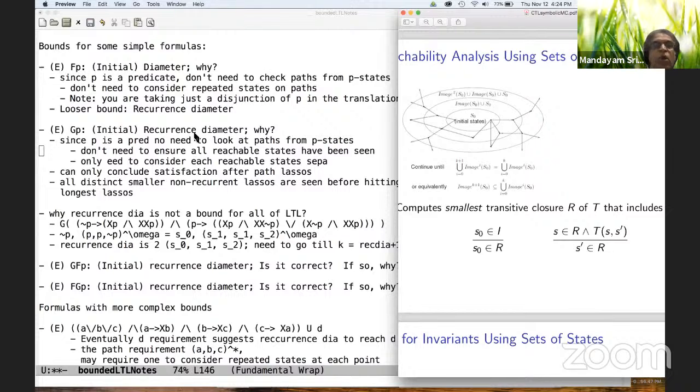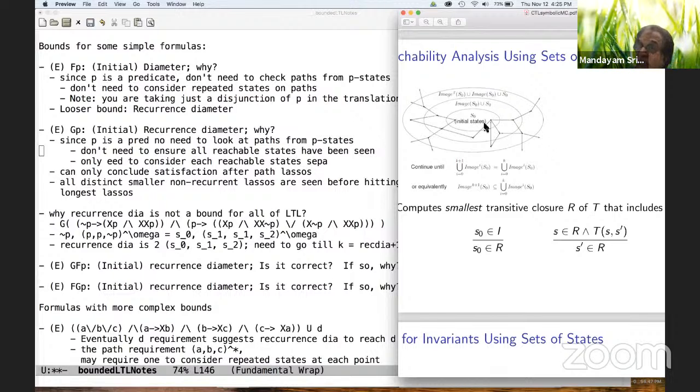But if you go up to the K and don't, then you can be guaranteed that there does not exist anything for G of P. That is because P is a predicate; all you need is to go to a K large enough to account for all the paths that lasso.